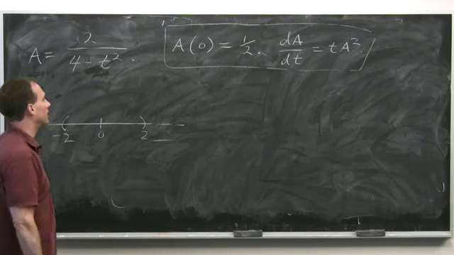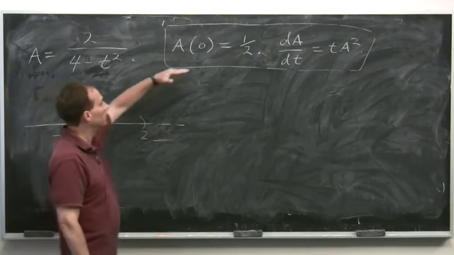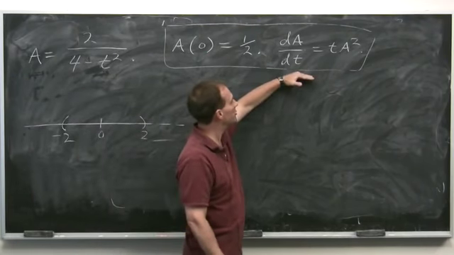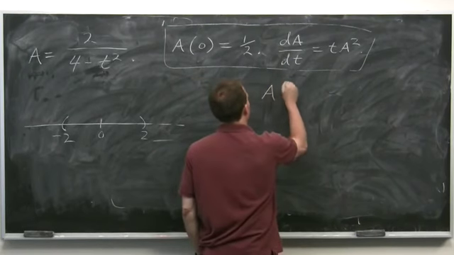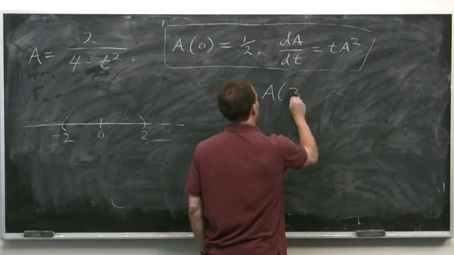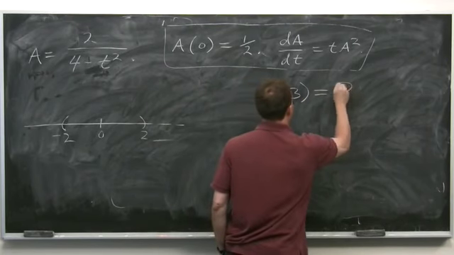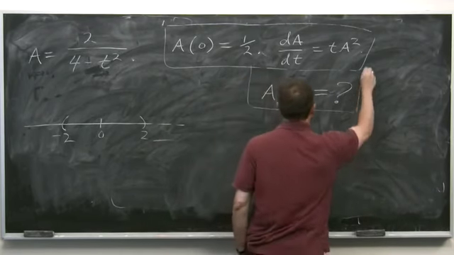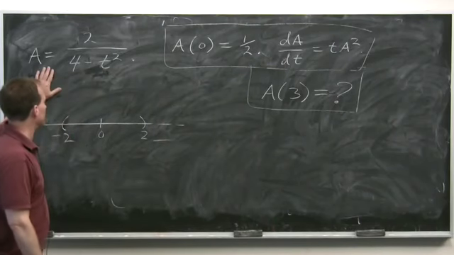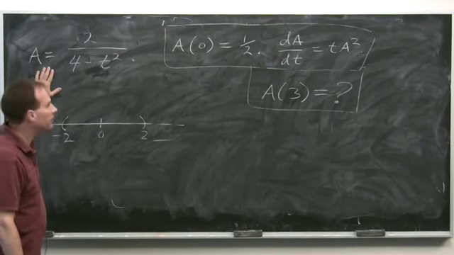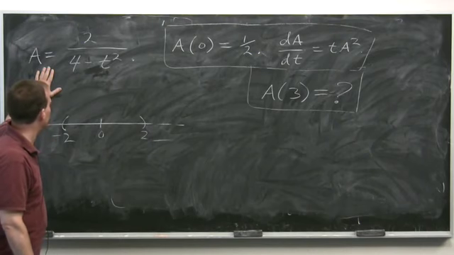What about outside that interval? Suppose someone gave you this initial value problem, so this differential equation, this initial data, and said, quick, tell me a at 3. Well, you could take this and plug 3 in and get something that's defined, right?